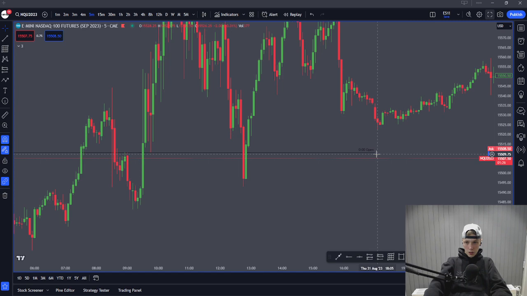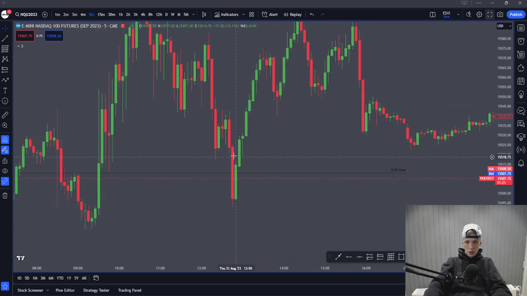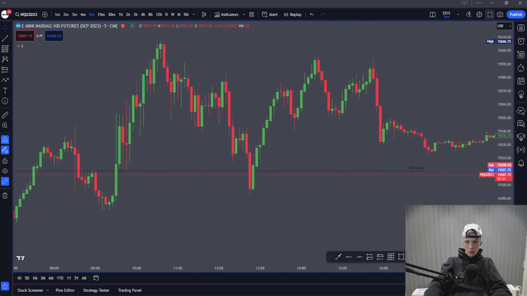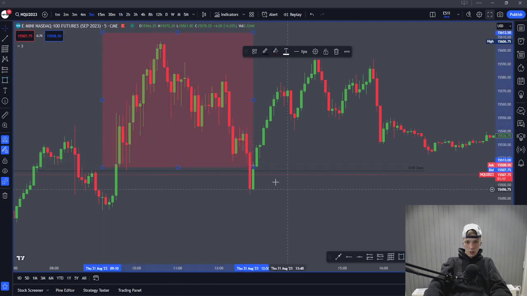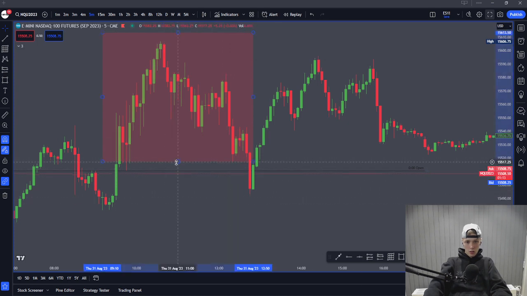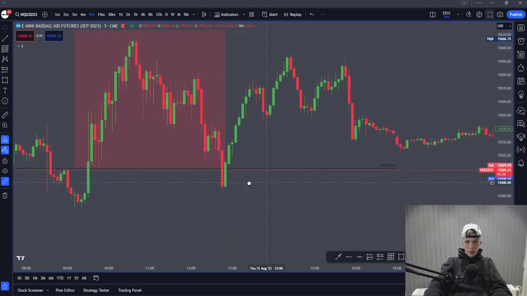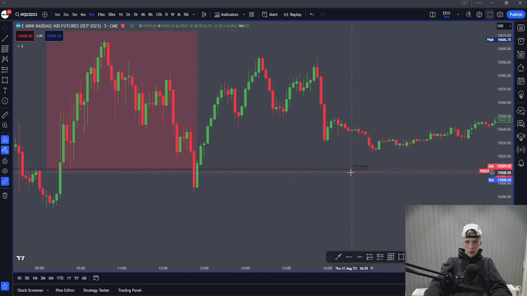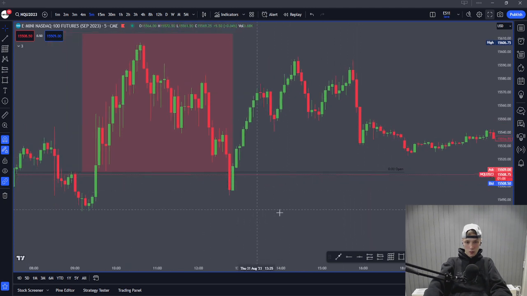So the power of 3 is consolidation. This would be the consolidation range, right? This entire Judas swing. So it's consolidation, and then it goes below the midnight open.